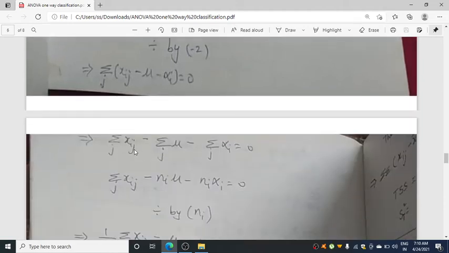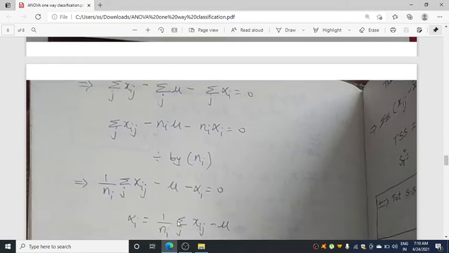Then sigma xij, sigma mu, sigma alpha i. Because mu has no i and j, we remove the summation; summation over j equals 1 to ni just leaves ni. And for this one, i and j both are there, so you write xij.